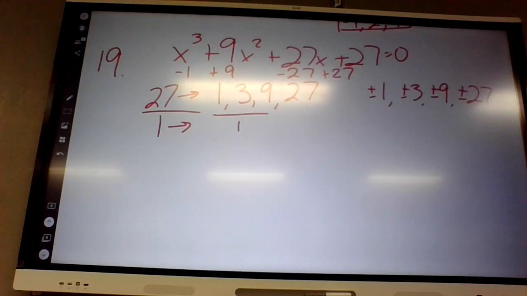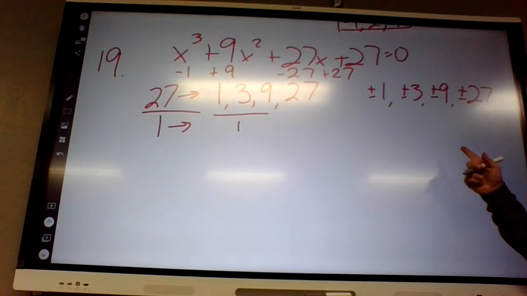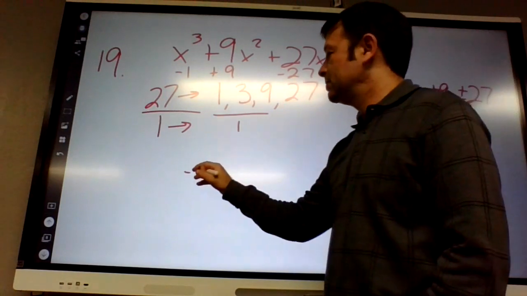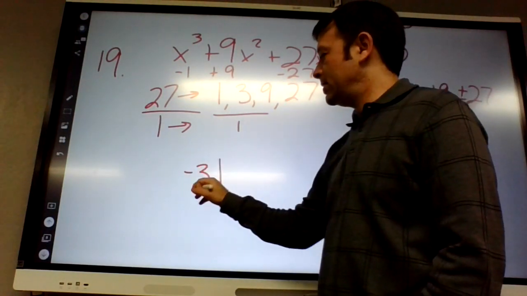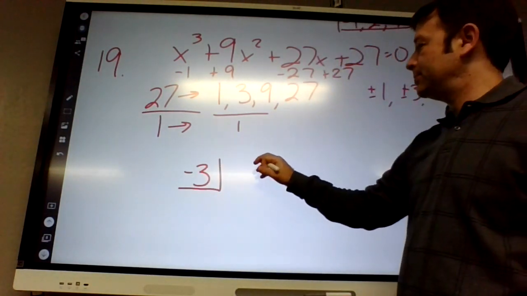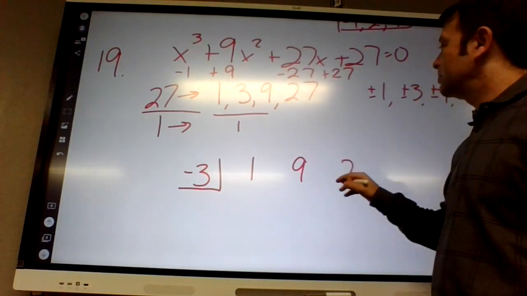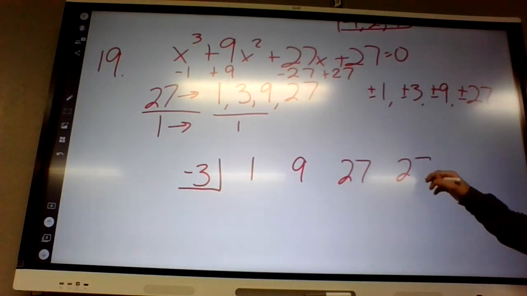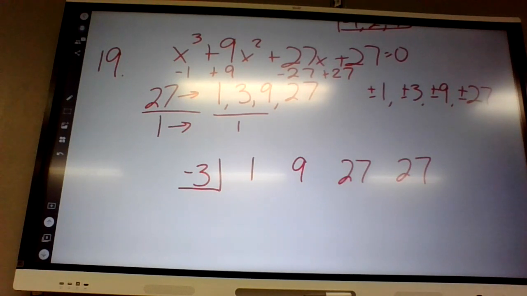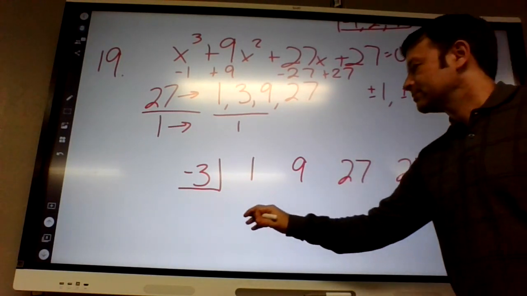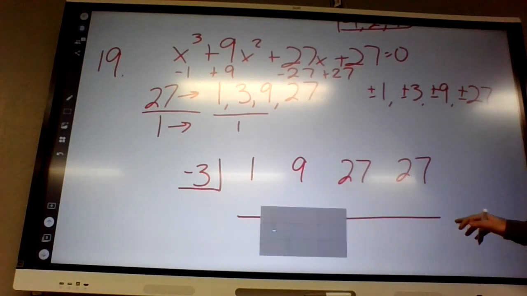There's no way 3 is going to work. It'll make a gigantic number. But negative 3, because I remember the answer, is going to work. I'm going to go ahead and do synthetic division here. This is kind of to check, it's two things at once. I'm checking to see if negative 3 is an answer, and I'm seeing if this divides by x plus 3. So I'm trying to divide at the same time. That's what makes this confusing.